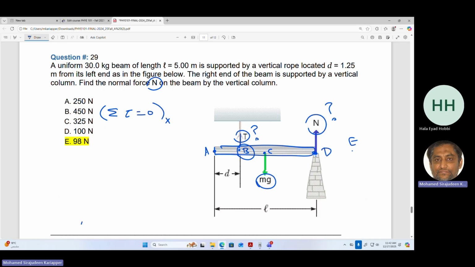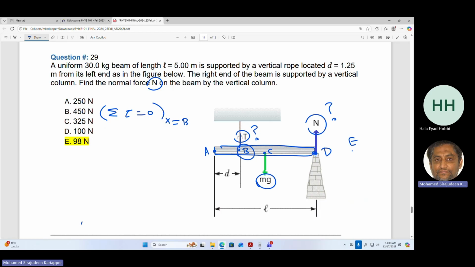What makes it 0? R is 0. What is R? The distance from where you want the torque to where the force is applied. That means B to B. Can you draw a line from B to the point itself? That means R is equal to 0. So that's why we have to choose that point to be the point B.